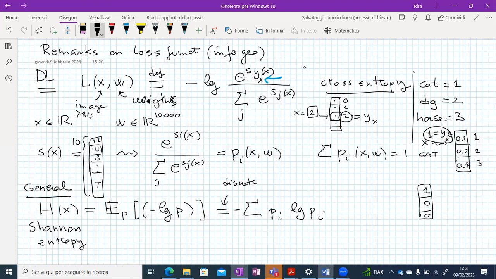In this case, the Shannon entropy is 0, because you get three terms: 1 times logarithm of 1, plus 0 times logarithm of 0, that we know our friends, the computer science people, have no problem in writing, plus 0 times logarithm of 0. So this is equal to 0. So for a mass probability measure, this is 0.